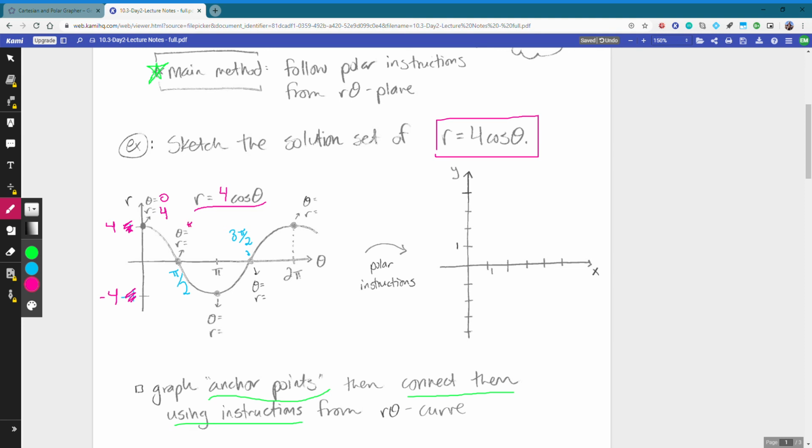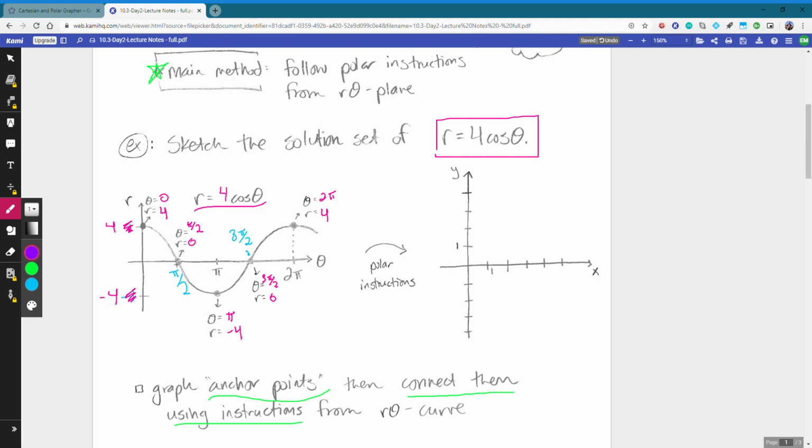Next one is theta is pi over 2, r is 0. Down here, theta is pi, r is -4. Here, theta is 3 pi over 2, r is 0. And then the last one over here, theta is 2 pi, and r is 4. Okay.